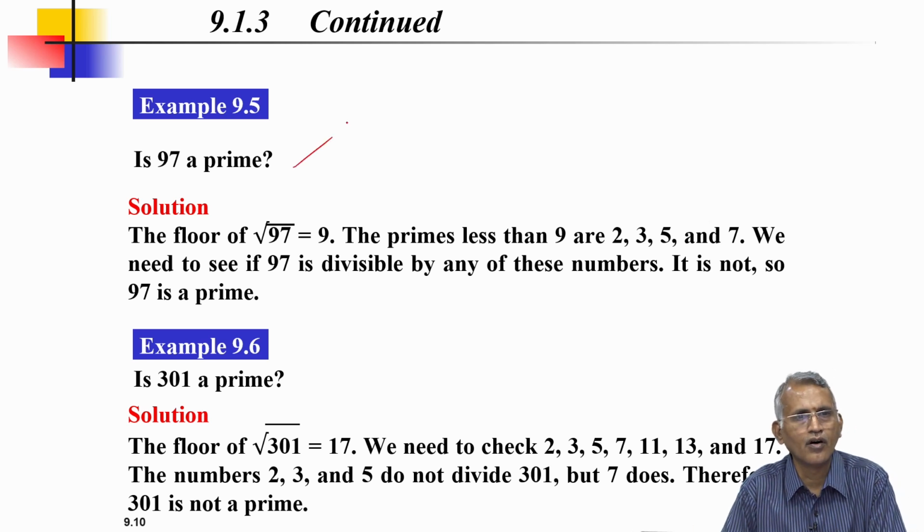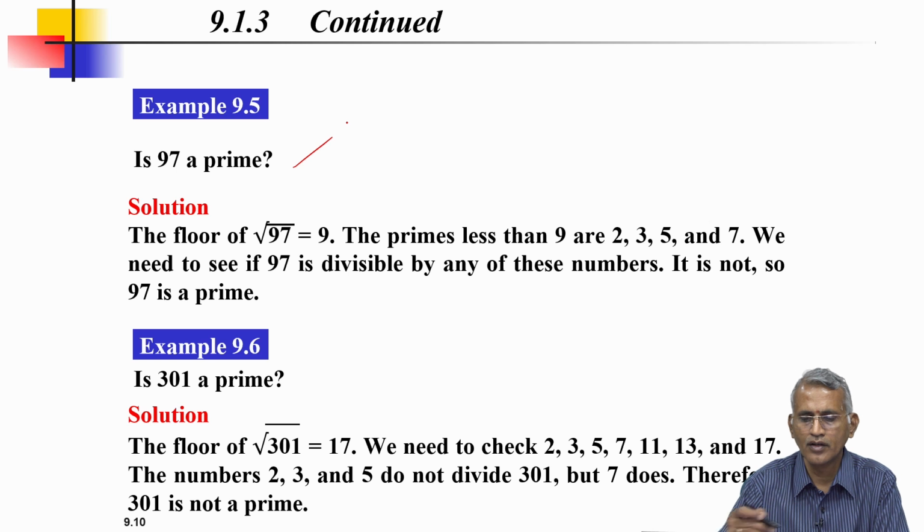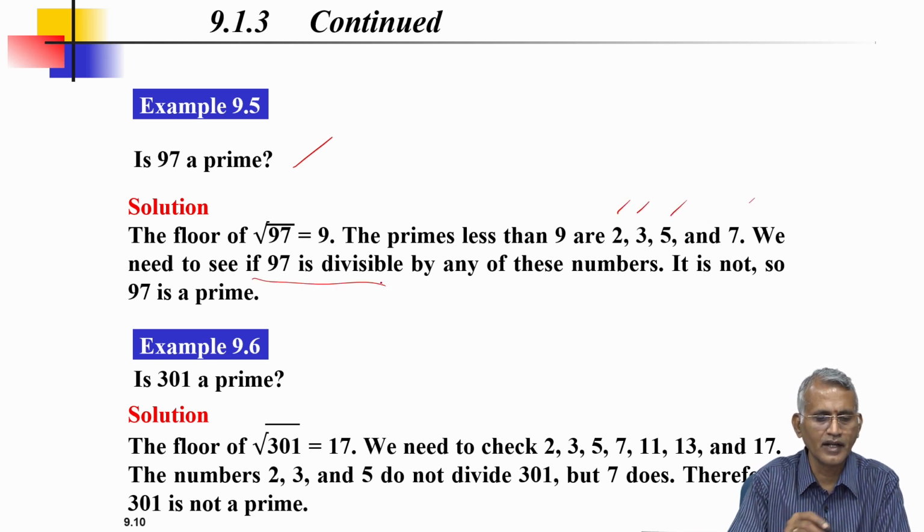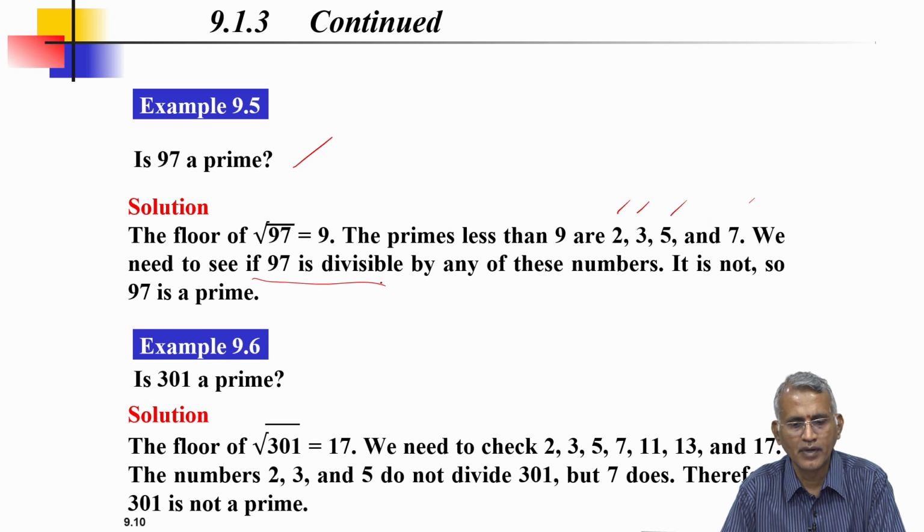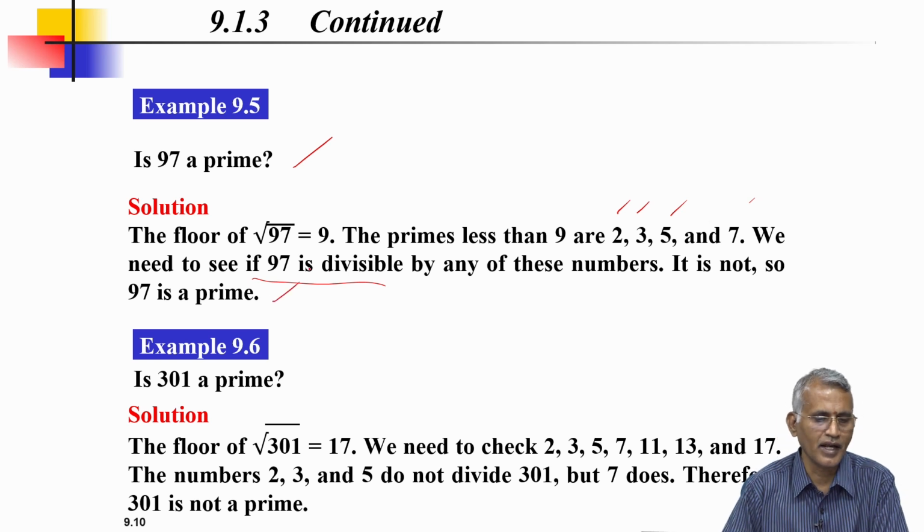Next question: is 97 a prime? The solution: the floor of root 97 is 9, therefore the primes less than 9 are 2, 3, 5 and 7. We need to see if 97 is divisible by any of these numbers. It is not, so 97 is a prime. So, calculate the floor and then check these numbers, and then we can easily check whether it is a prime or not.